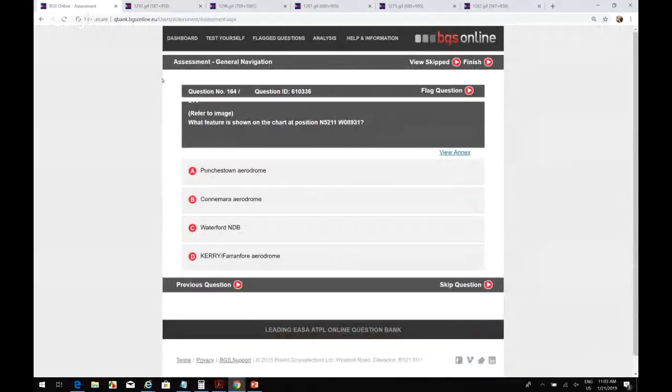What feature is shown on the chart at position 5211, west 931? 5211, 931.